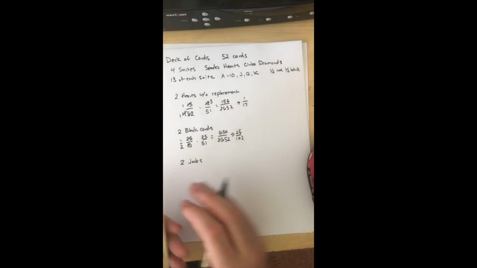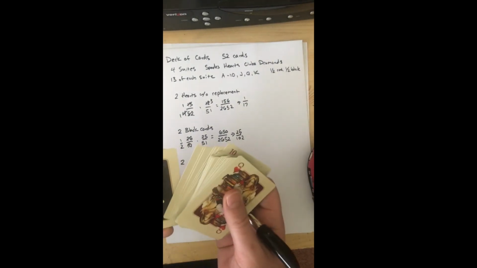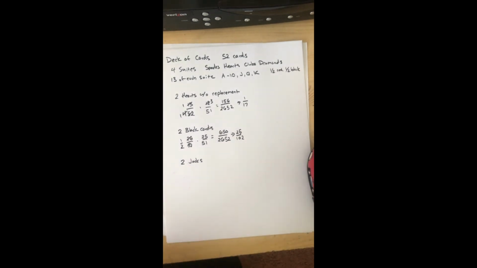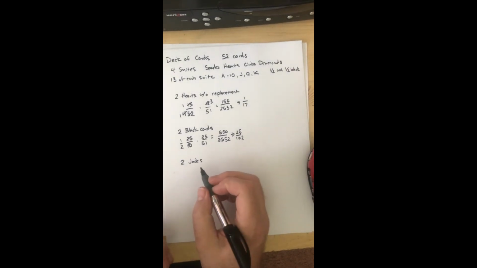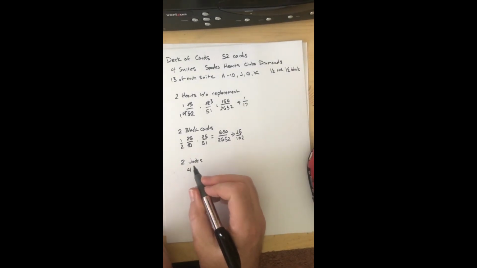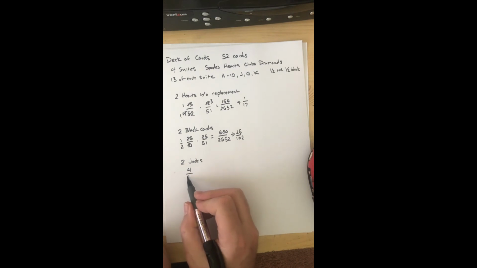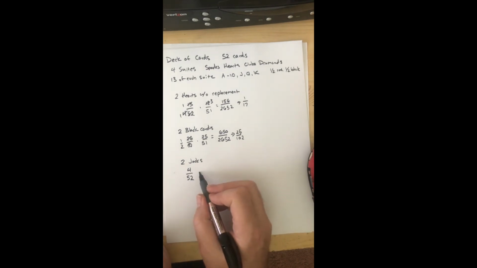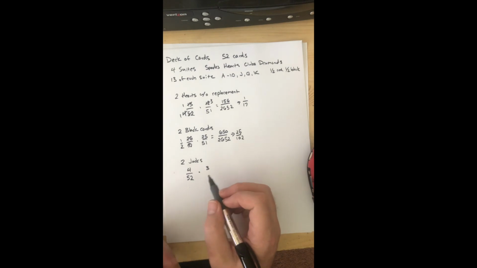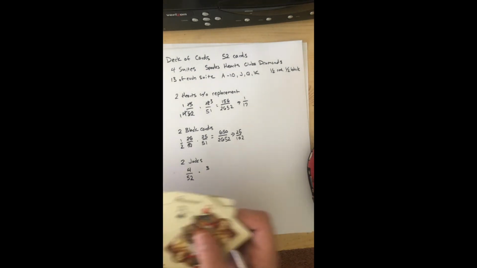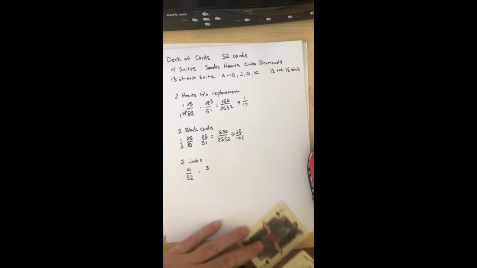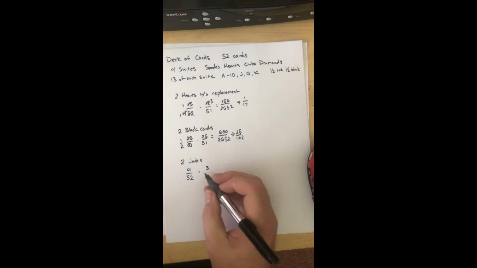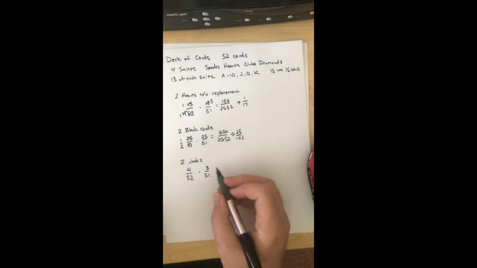There's 4 aces, there's 4 sixes, there's 4 fives, and there's 4 queens. So 2 jacks, there's 4 jacks to start with out of the 52 cards. On the second pick, there's only 3 jacks left in the deck, because of course I would take it out and say, you're not part of my deck anymore. And there's 51 cards left.